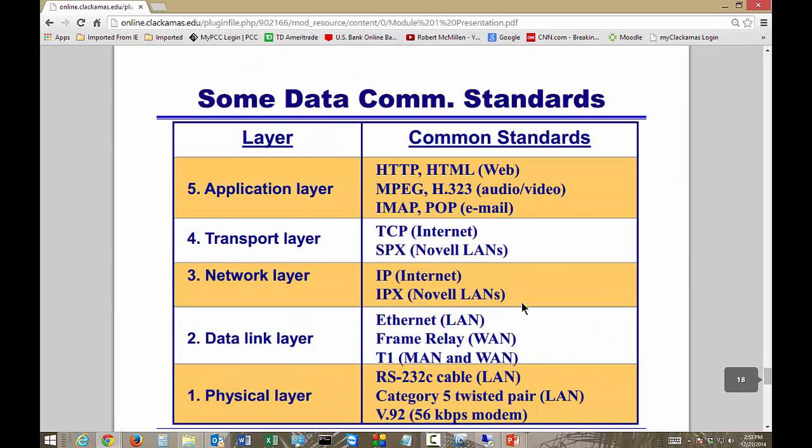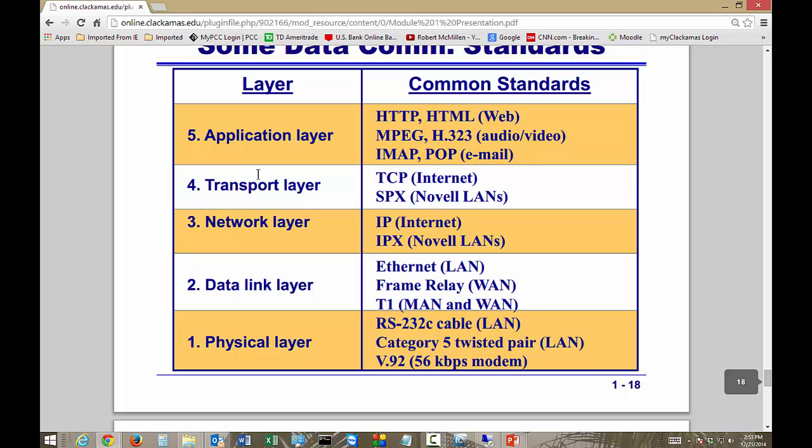And let's take a look at some datacom standards. So we've got under application layer, a common standard would be HTTP, which we use to access web pages, HTML, which is the language we use to create those, MPEG for video, and email, etc. Of course, not many people still use IMAP and POP, but that's still out there. The transport layer is TCP over IP with the network layer, working together.